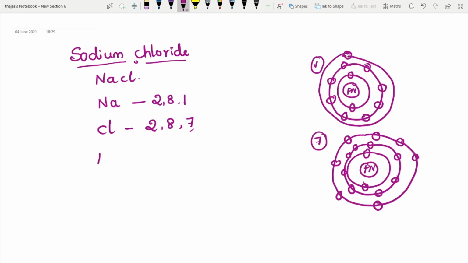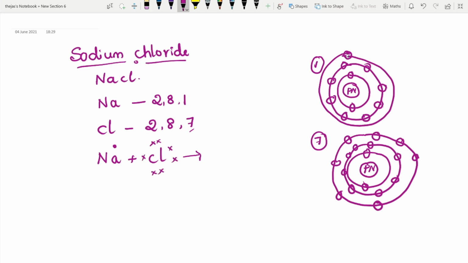If you see the bond formation, here the ionic bond takes place, that is Na combines with the Cl and forms NaCl by the ionic bonding. Sodium has 1 electron in its outermost shell, and the chlorine has 7 electrons in its outermost shell.